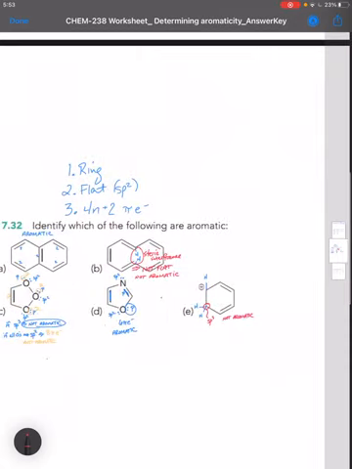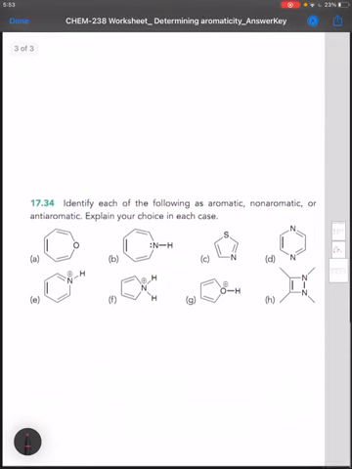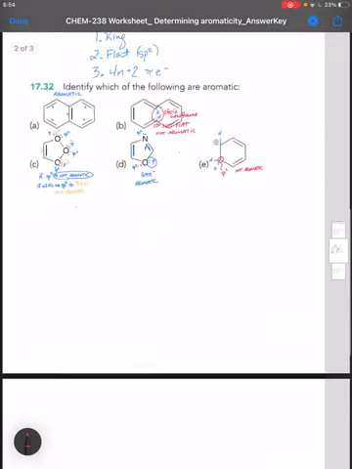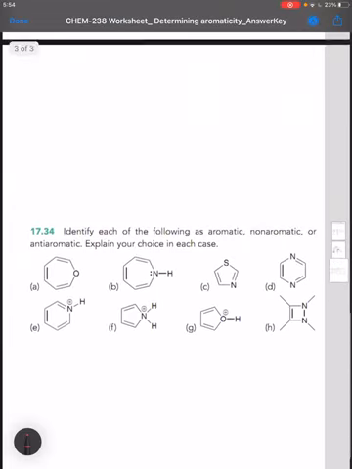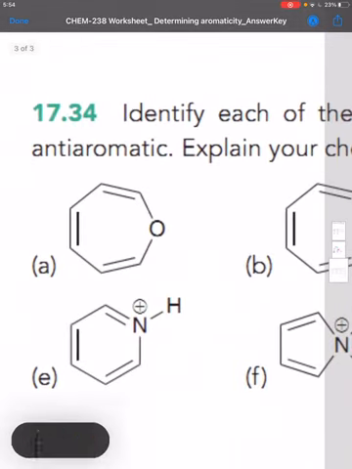Okay. The last problem on the worksheet, 1734, asks us to go just a little bit more in depth, which I kind of was already doing up above, but we'll do a few more problems here. And again, many of these contain heteroatoms. For all of those heteroatoms, you'll want to draw in your lone pairs of electrons.